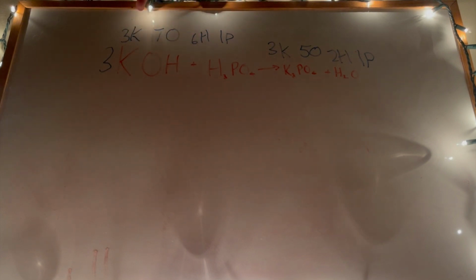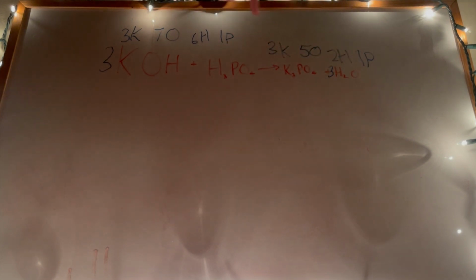Since we have an even number of H's, we're going to need an even number of H's on this side as well. So to do that, we're going to change this to 3 H's on the water molecule to equal the amount of H's here.